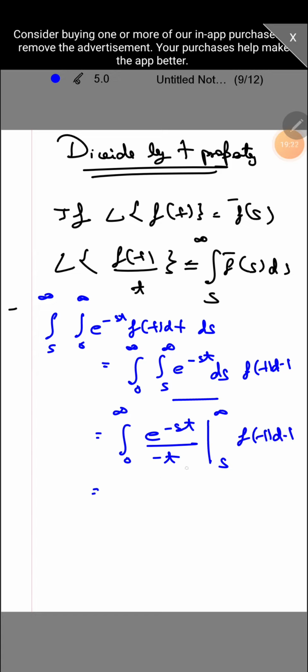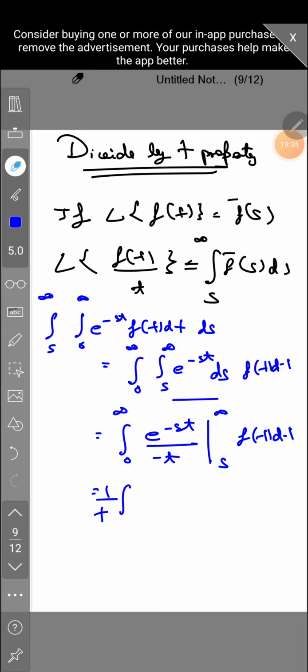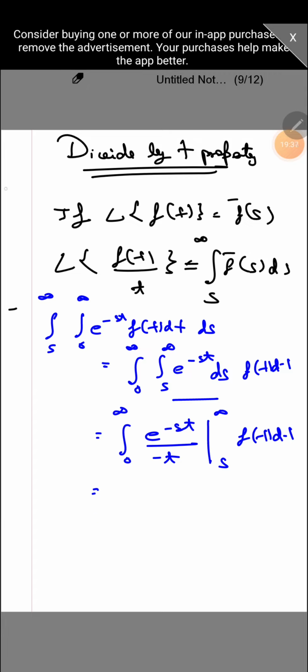So when you put infinity, this becomes 0 and you get a 1 over t. Sorry, you cannot put it outside, I'm very sorry, because you have dt inside.